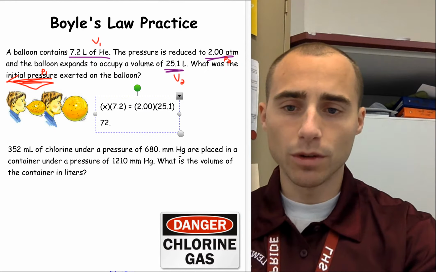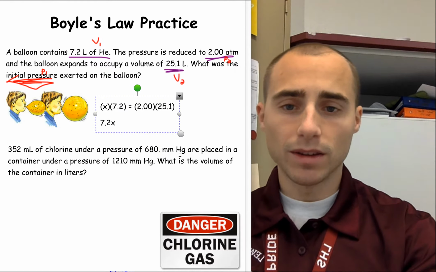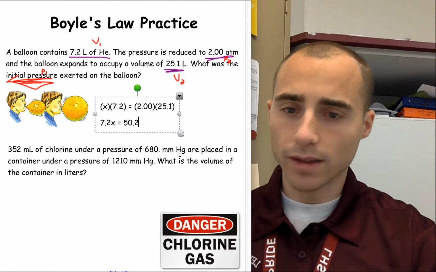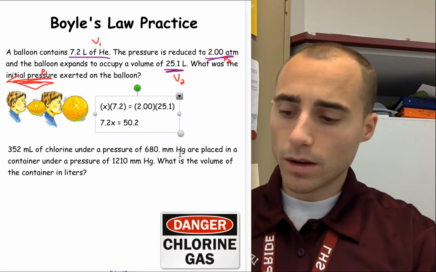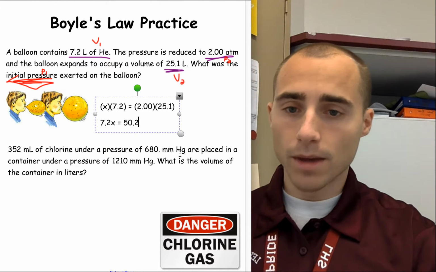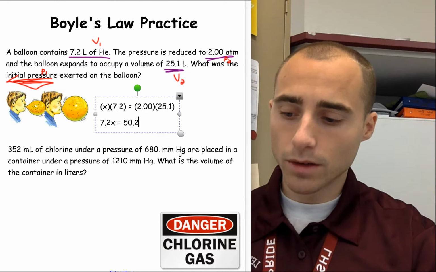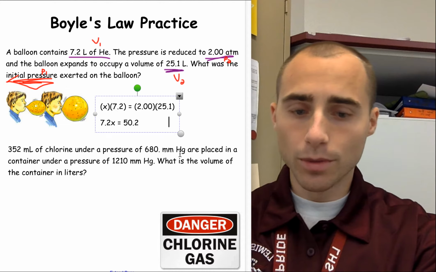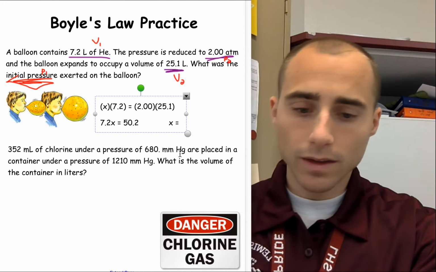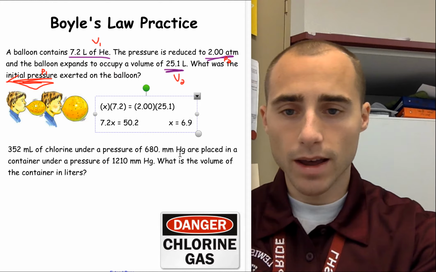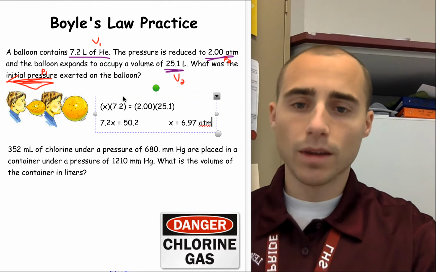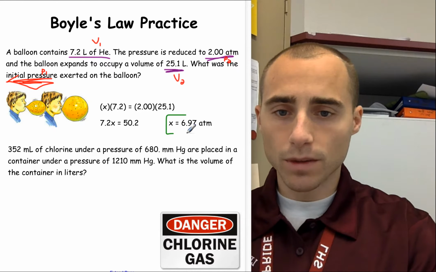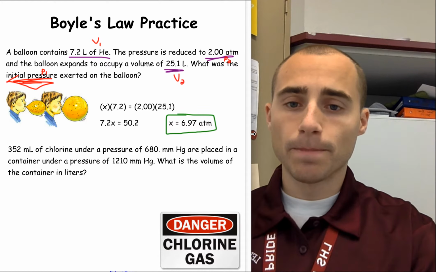So you end up with 7.2 x being set equal to 50.2, and then you just divide both sides by 7.2, and you end up with your x, or your initial pressure, equaling 6.97 atm. So that was the initial pressure of this balloon, 6.97 atmospheres.